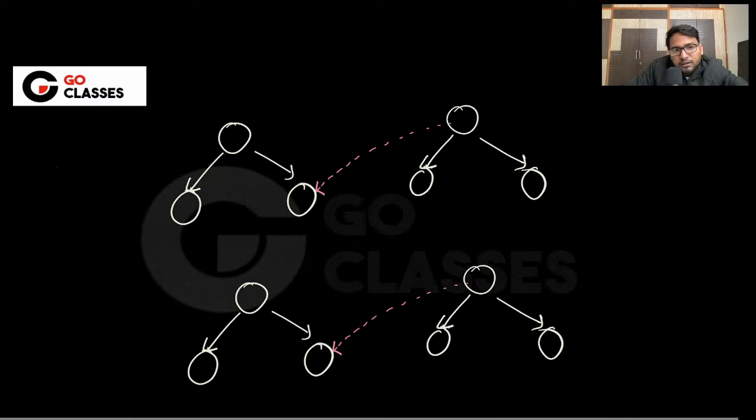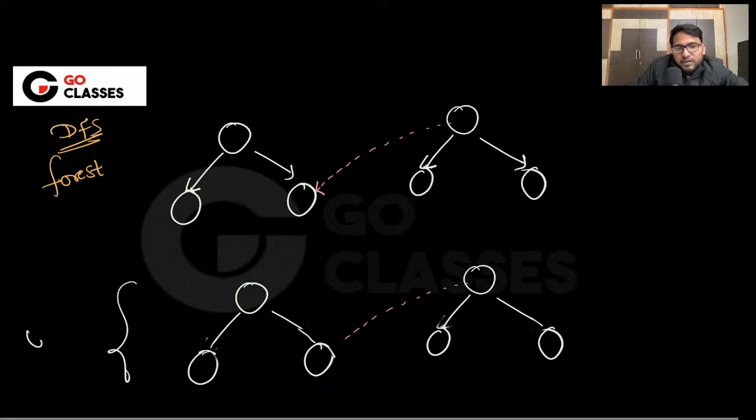So this is the DFS forest. But in the actual graph there are no directions. The edges are there, but there are no directions, right? So in the actual graph, it is looking like this. This is the real graph, or you can say the actual graph. In the actual graph, there are no directions.